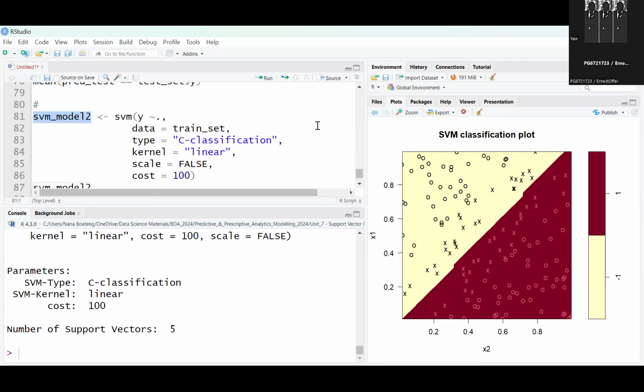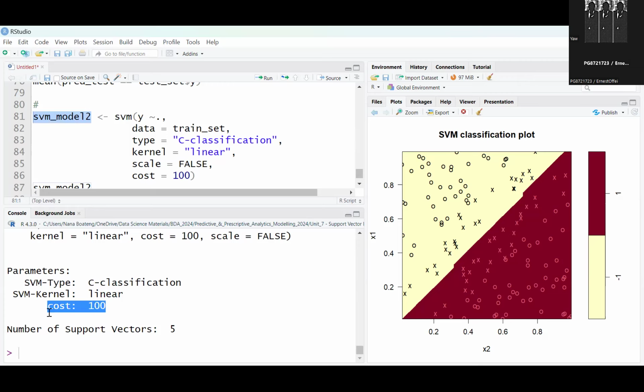Okay, yeah. So Nana, please, what's the concept behind the cost reducing the support vectors? So it's a control parameter. Okay.